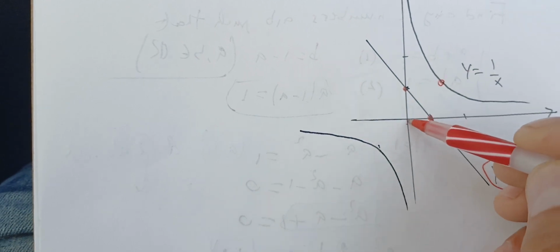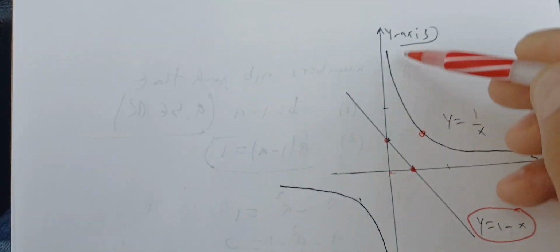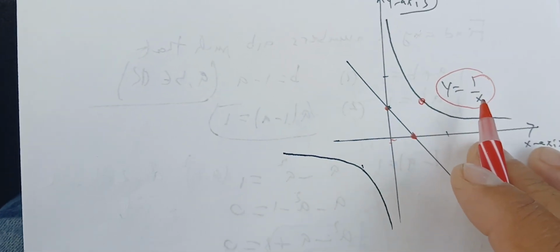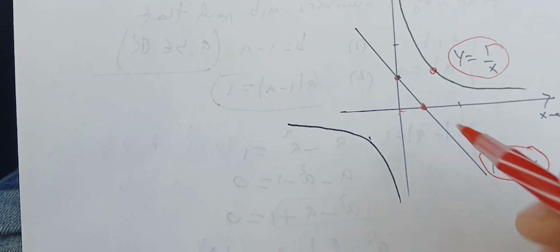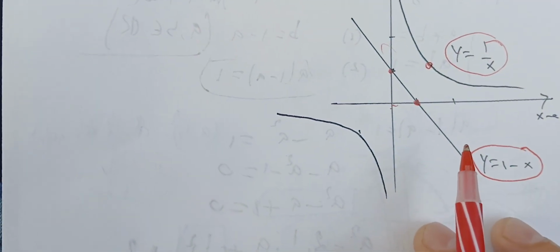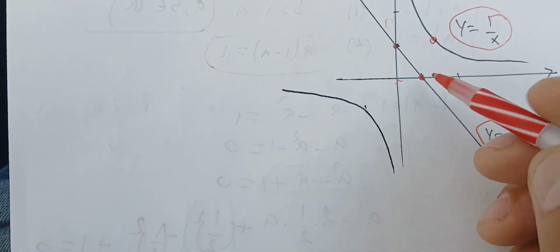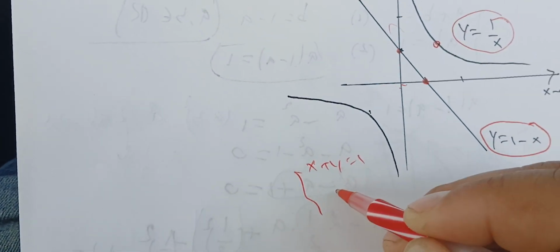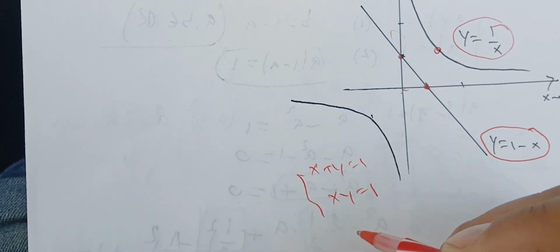When x is 0, there is no value; the function 1 over x is not defined for x equals 0. So here we see clearly that they don't intersect. There is no solution for the system x plus y equals 1 and xy equals 1.